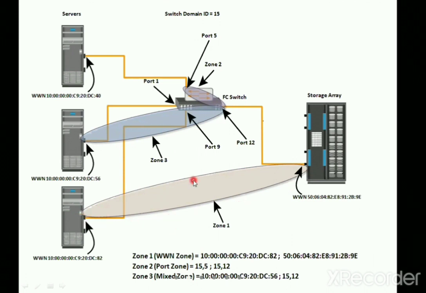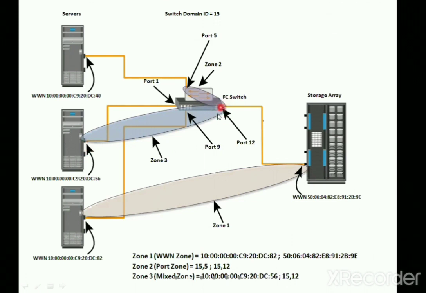Then you can check zone 2, where it is connecting between the switch and the port. So this is zone 2, which is acting as a port zone, because it is only connecting from one port to another port. And zone 3, you can check here, is a mixed zone where you are connecting between the node port and the switch port.